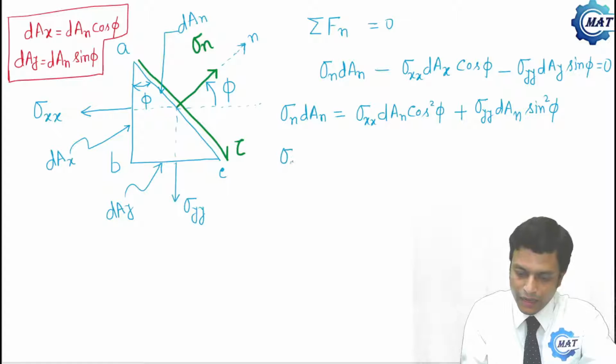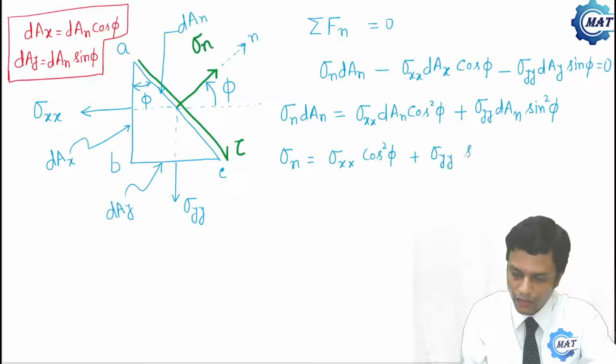So sigma n is sigma xx cos square phi plus sigma yy sin square phi.